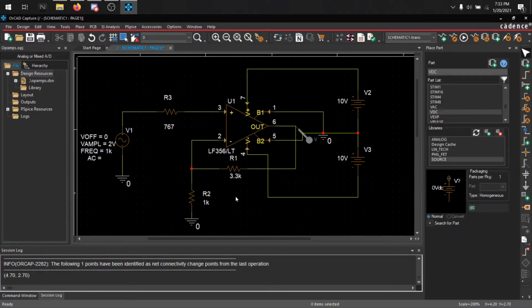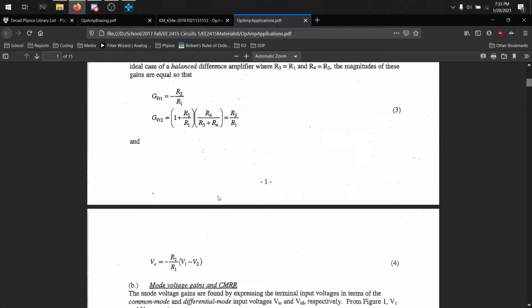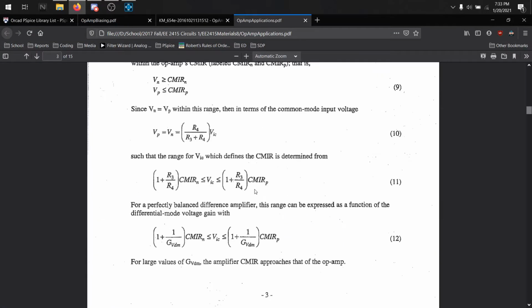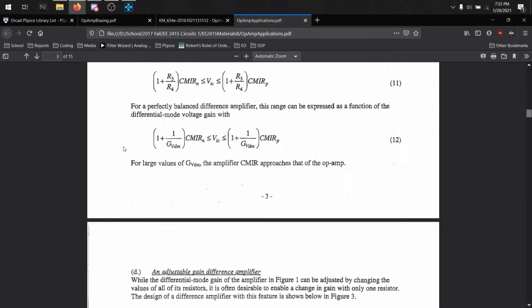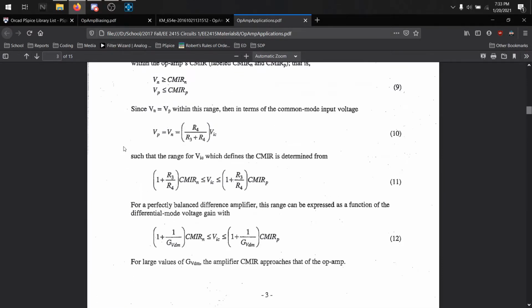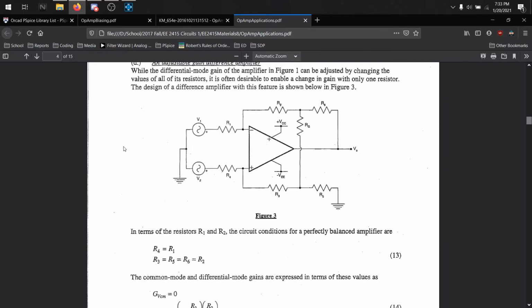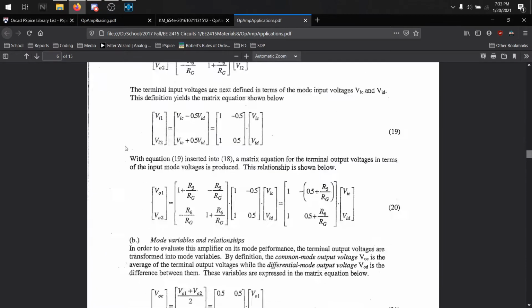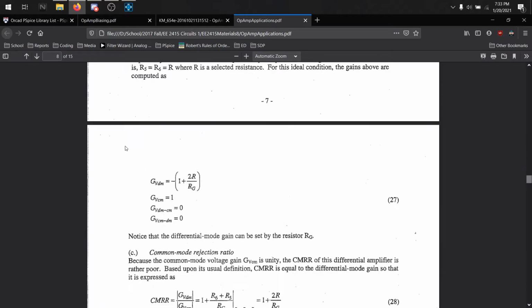But basically, the output should be positive. Yes. So the gain, sorry. Yeah, so the gain for this one, let's see if I can find it. Where does it specifically say? He doesn't have it.